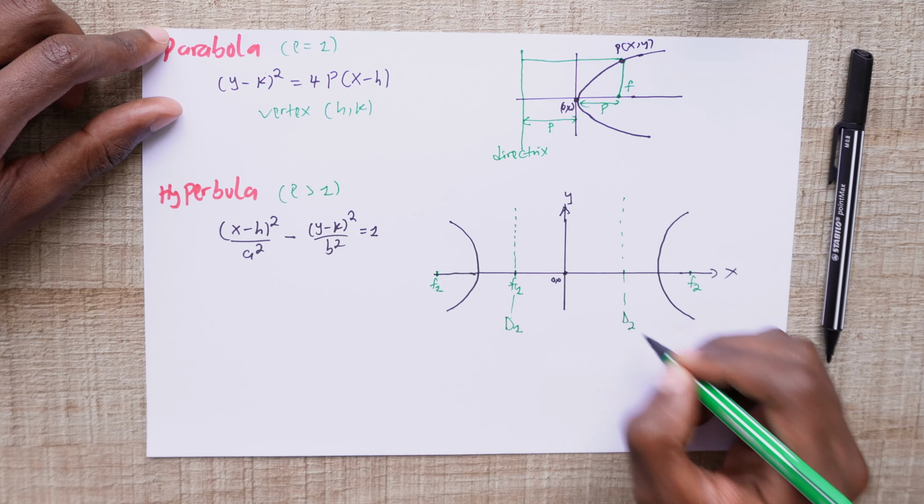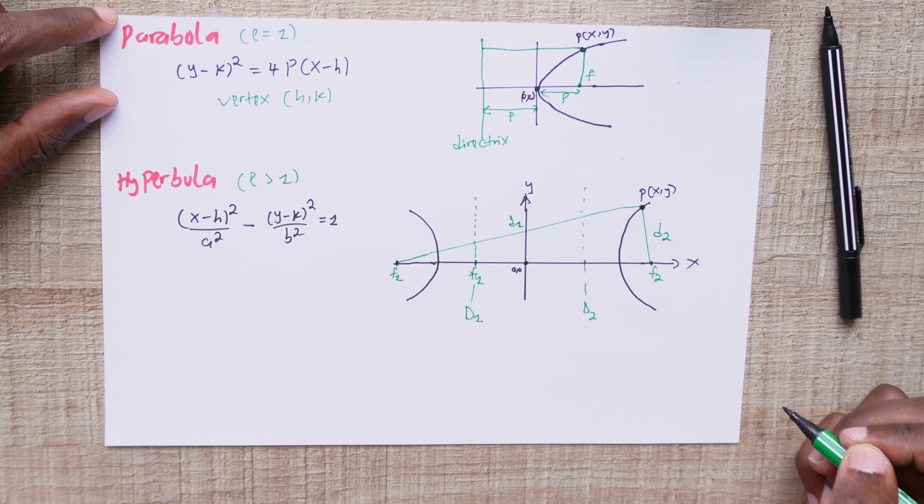So imagine our set of points P here. They move on this curve. And always the difference of the distance of P from the first focus, D1, and the distance of P from the second focus, D2, is a constant.